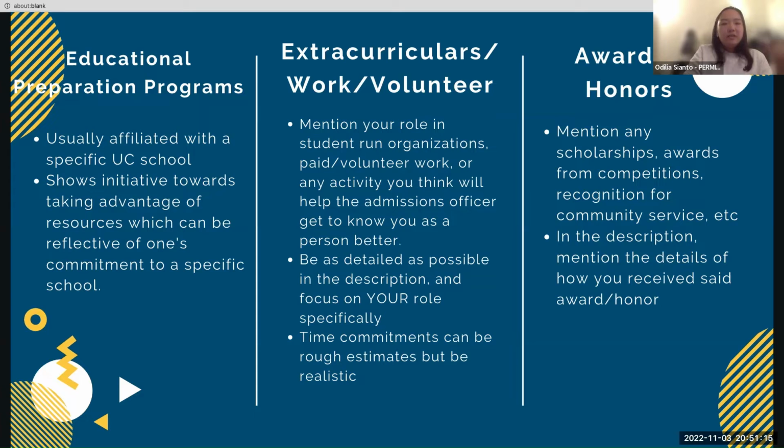And as Joel said before, make sure to explain what you did. You want to explain everything on the micro level. Don't just say I raised this much money for so-and-so organization. You have to mention exactly how you contributed to raising that money. And if possible, say how this helped you grow as a person, or what you learned from this activity.